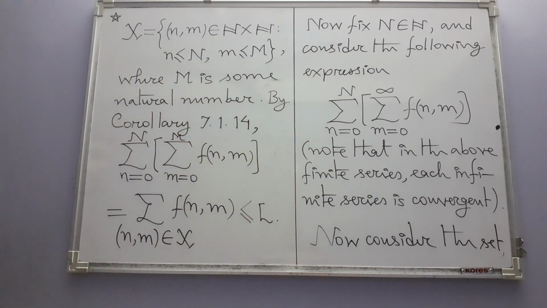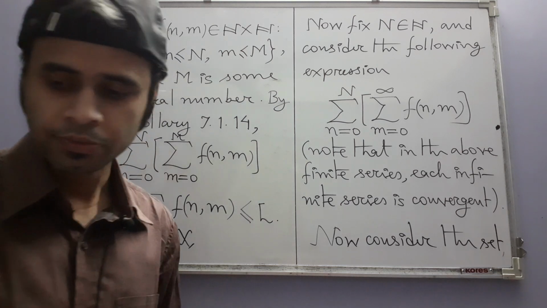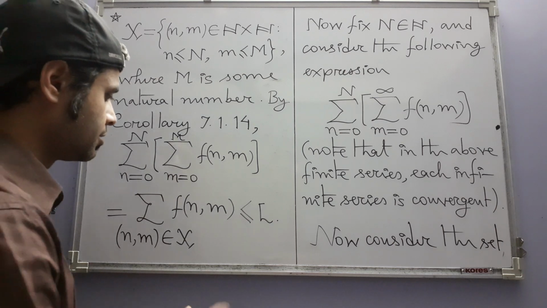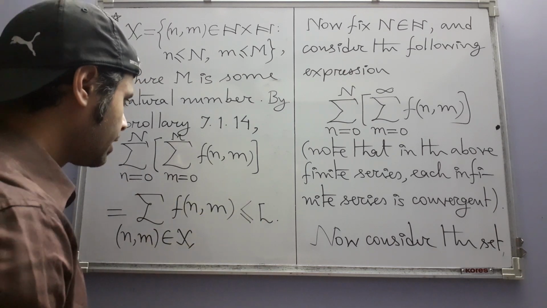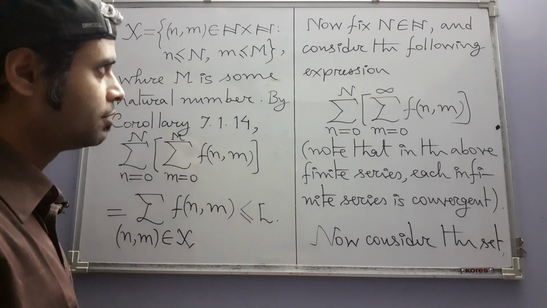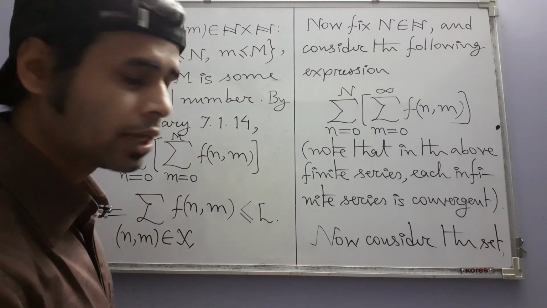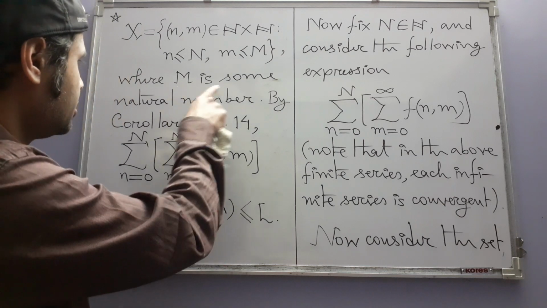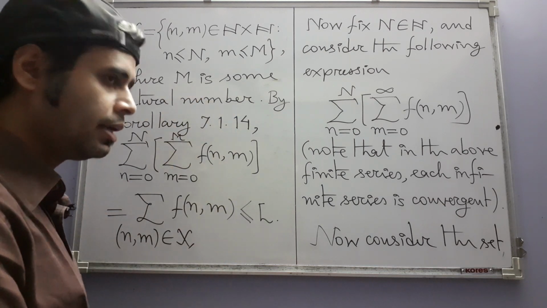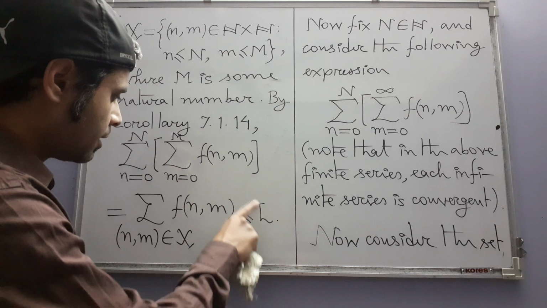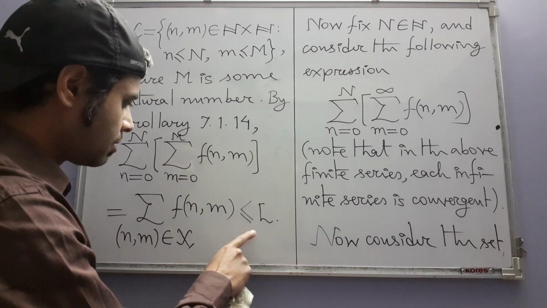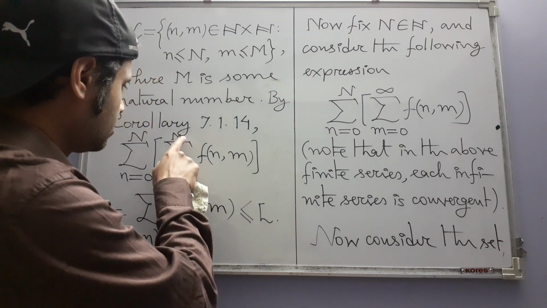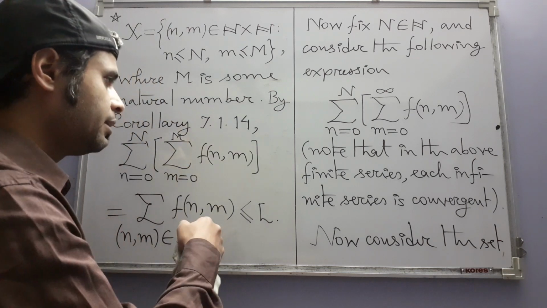Now what we are going to do is take limits on both sides of this inequality as capital M approaches infinity. Can I do that? I can do that because capital M is any natural number. So this inequality represents infinitely many inequalities, where in place of M you can take any natural number.